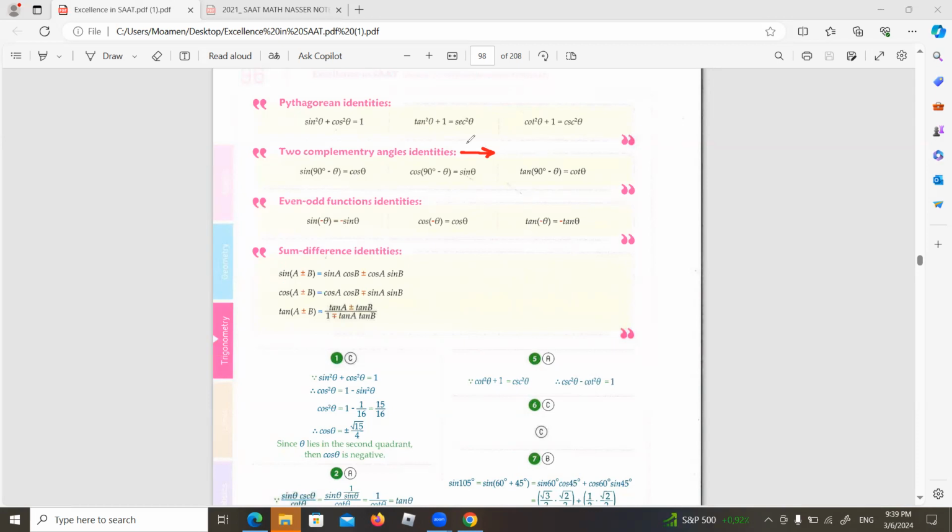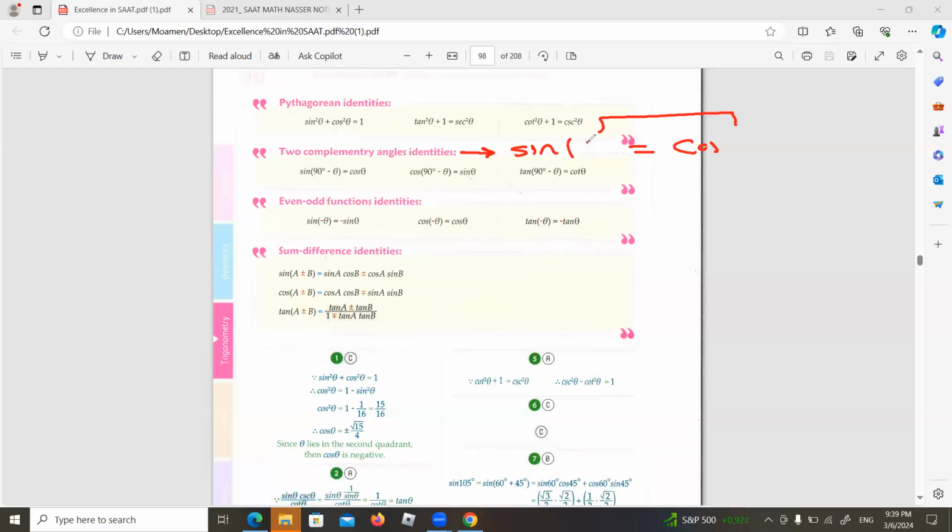In geometry, complementary angles, their sum is 90 degrees. So the sine value equals the cosine value if the sum of the two angles is 90.